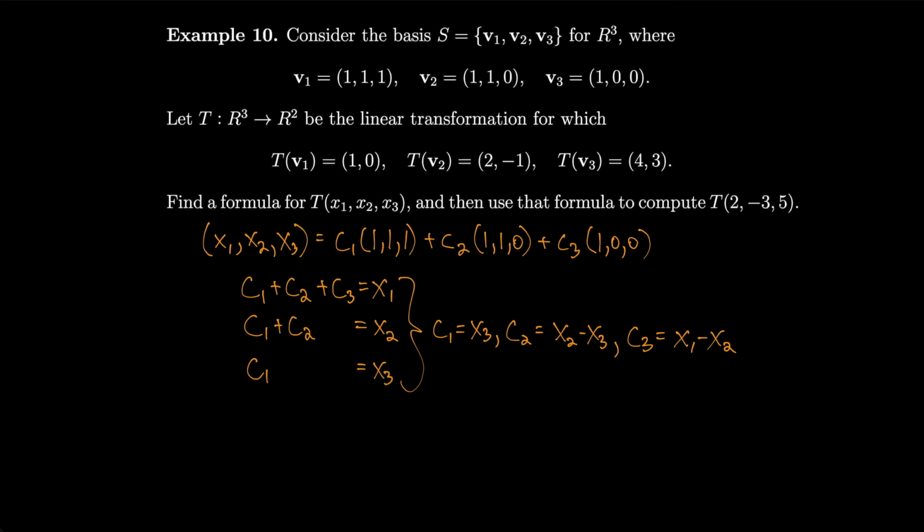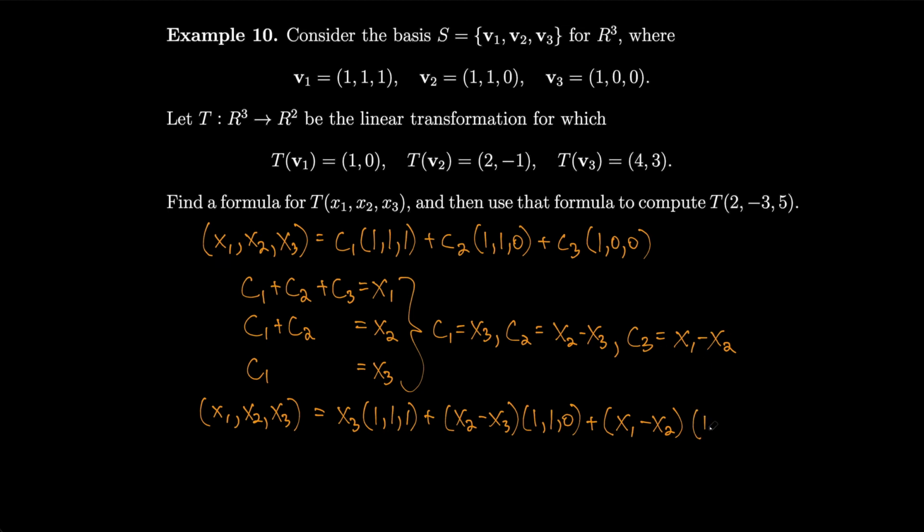So let's rewrite this. I have x1, x2, x3 is equal to, instead of C1, I'll put in x3 times 1, 1, 1. And instead of C2, I'll put in x2 minus x3 times 1, 1, 0. And instead of C3, I'll put in x1 minus x2 and multiply that by 1, 0, 0.